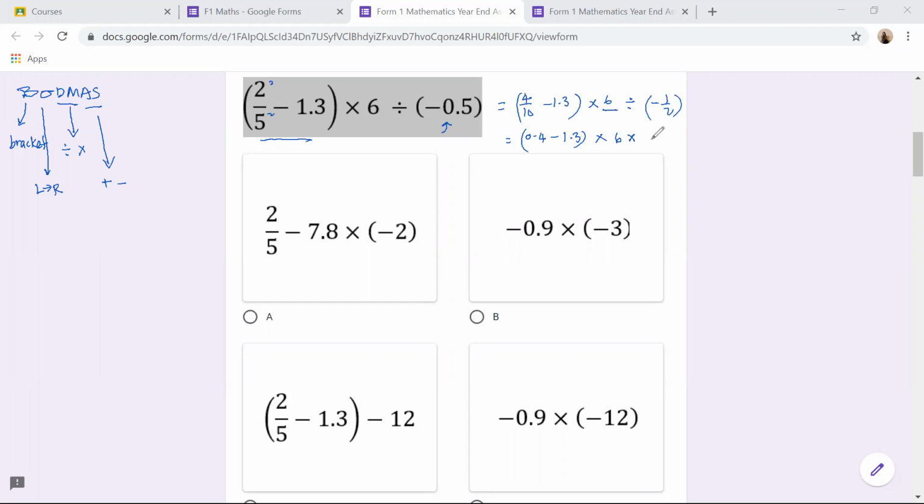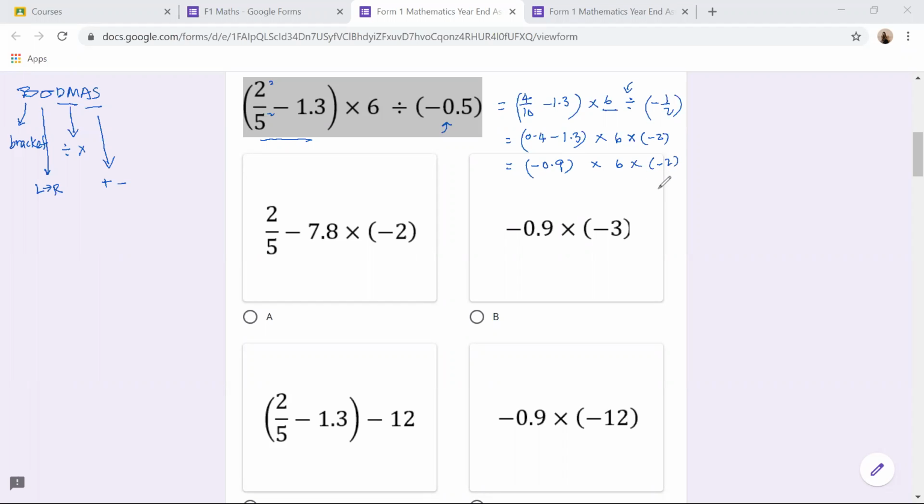That means times, go upside down. And once you change the divide into times, the fraction after that will go upside down, its reciprocal. So over here, you will notice that there is no plus and minus, it's just times. And let's move on. 0.4 minus 1.3, we have negative 0.9. And then times 6 times negative 2.